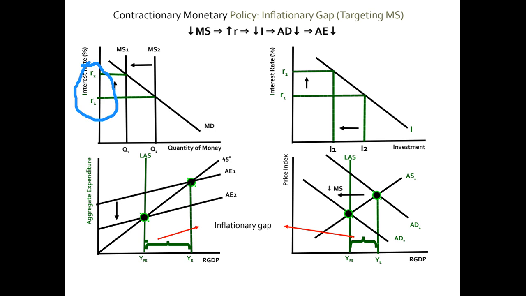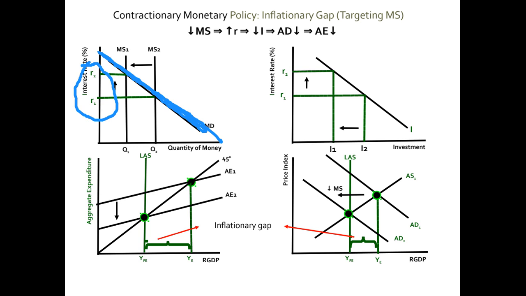Because the central bank, or Bank of Canada, does not know exactly the location of the money demand curve. It's very difficult to predict. So even if the money supply is decreasing, the rate of interest might not increase that much, because it all depends on the slope or elasticity of the money demand curve.